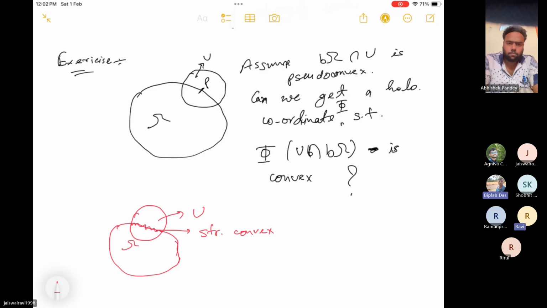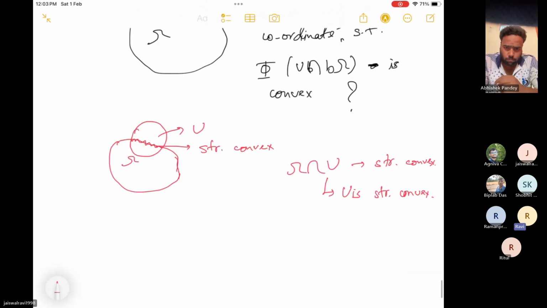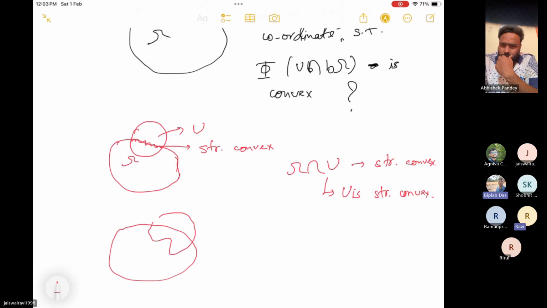It is true if U is convex or U is strongly convex. Because assume U is something like this, let me draw. Then you can see that this is not convex. So if U is strongly convex, then you can say that.